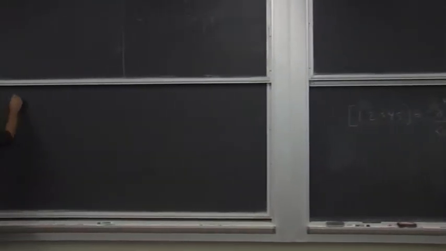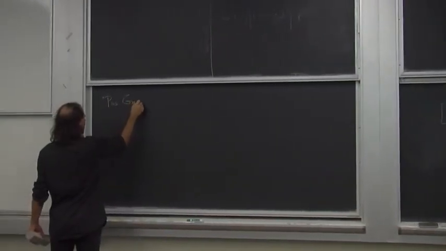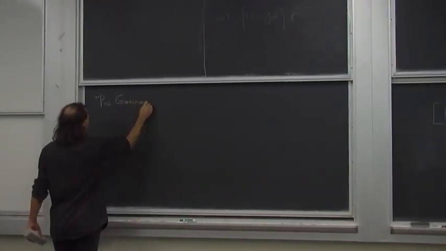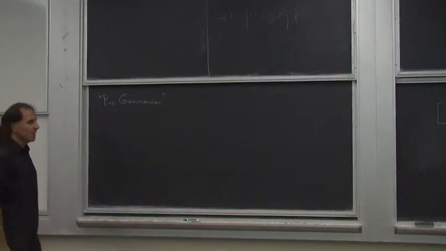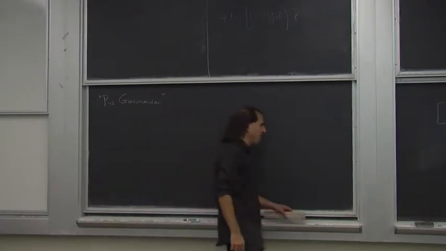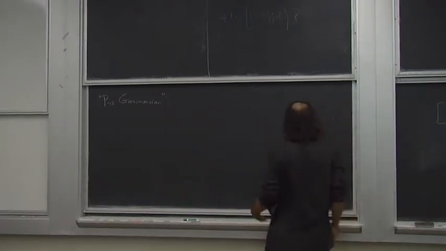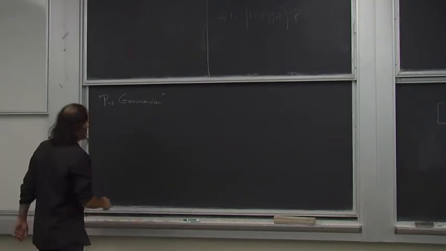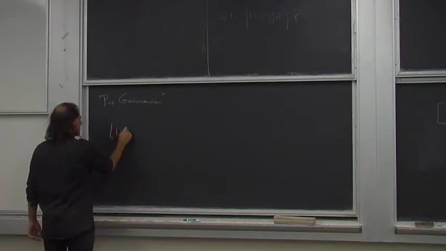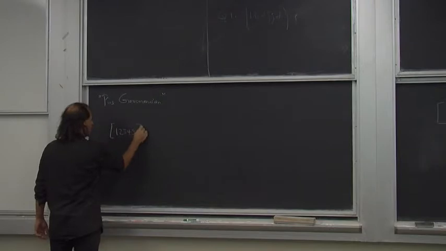The positive Grassmannian interpretation of this formula is the following. Here we're not seeing fancy Grassmannians, but this is the simplest version, is to interpret [1,2,3,4,5] as the following object.